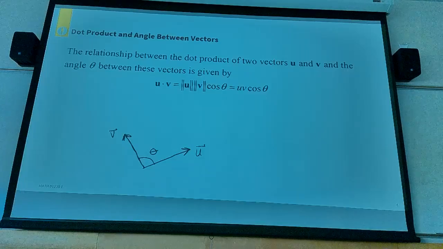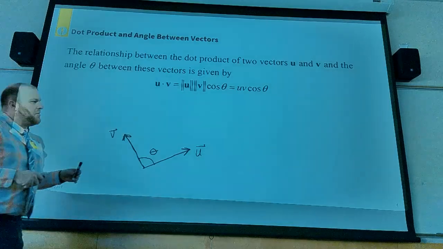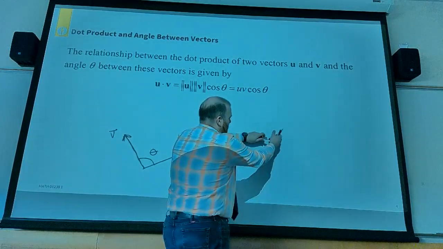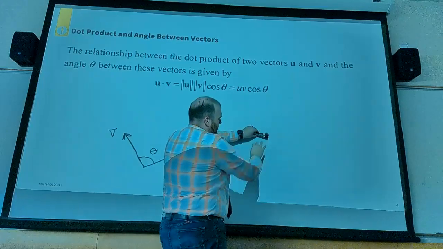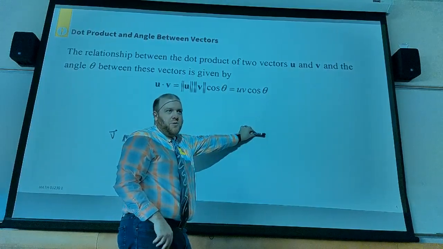What are the possible values for theta? If the vectors are facing the same direction, the angle is 0.